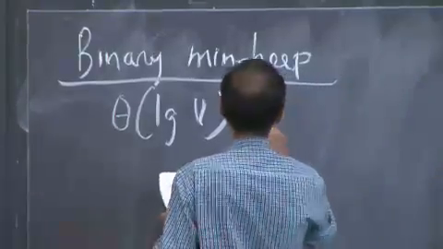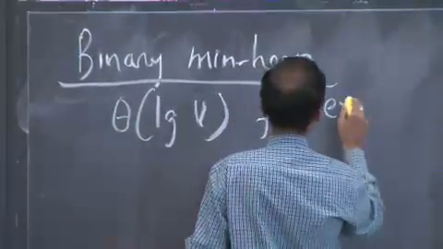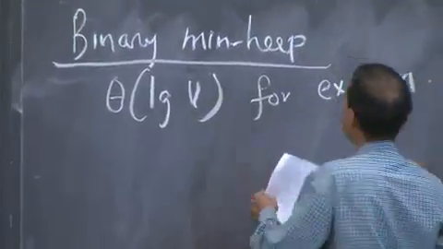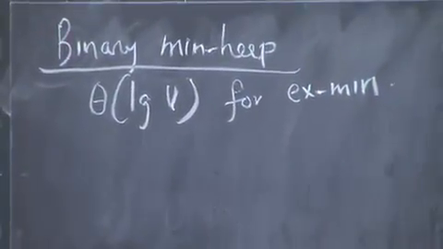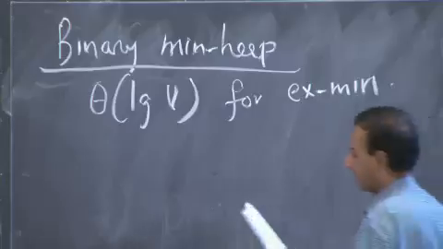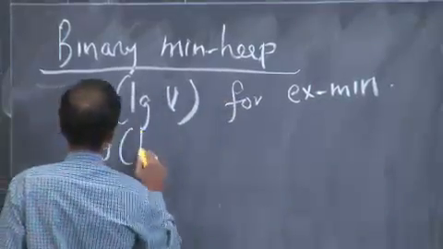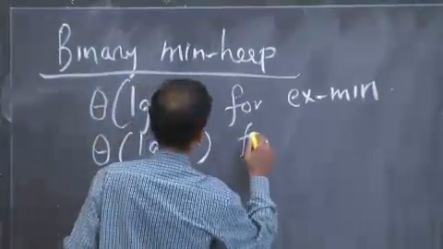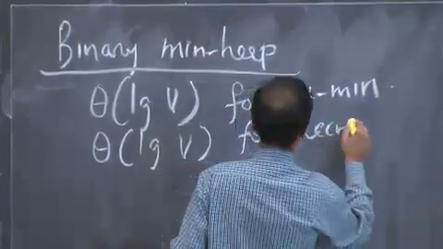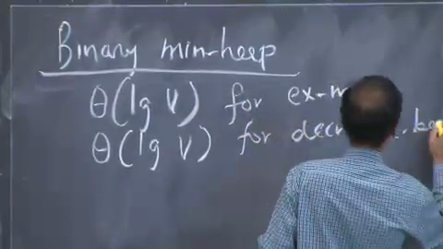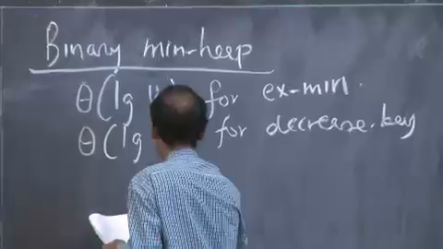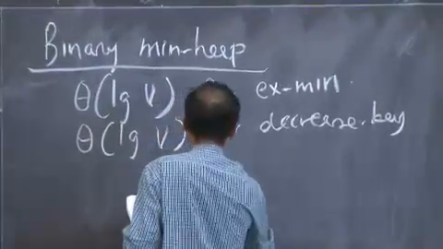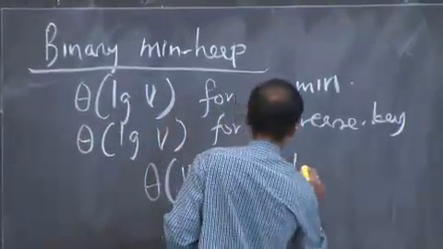But we know that if you want to update the heap and delete it, then it's going to take theta log V. And decrease key is the same thing, theta log V. So that's worse than an array for decrease key. And if I do the multiplication again, I get V log V plus E log V.